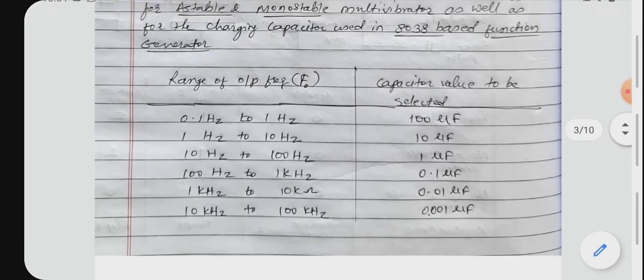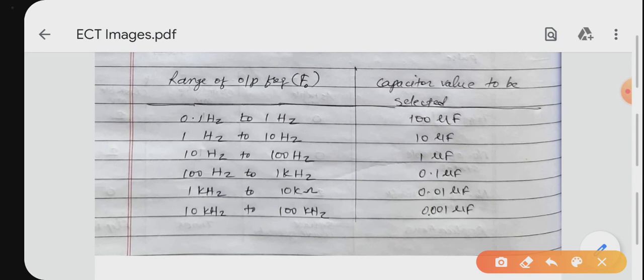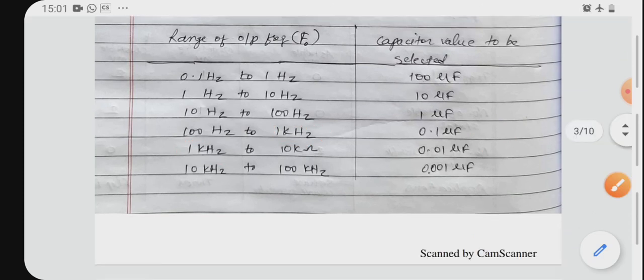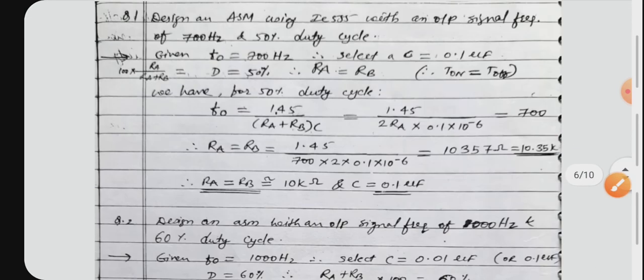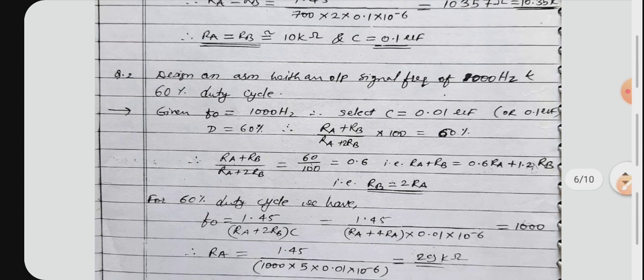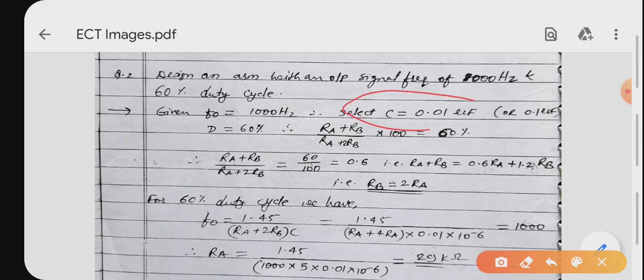You can select 0.1 microfarad as well as 0.01 microfarad. So let us select 0.01 microfarad capacitor value for duty cycle 60%. What is the formula?